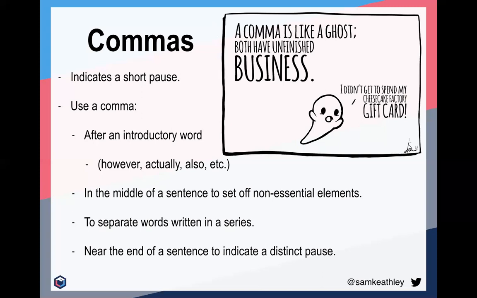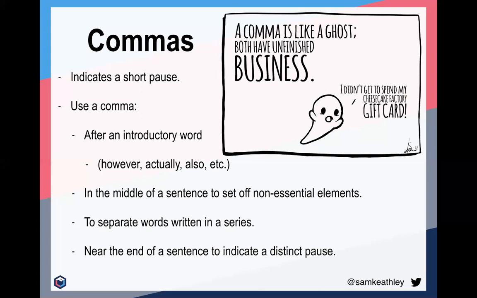So you'd use a comma after an introductory word in an argument, like when I went to the store, I bought milk. However, I also got hit by a car. Comma goes between however and getting hit by the car. And you would use it in the middle of a sentence to set off non-essential elements, so stuff that can be omitted, and the sentence will still make sense if you get rid of that stuff.